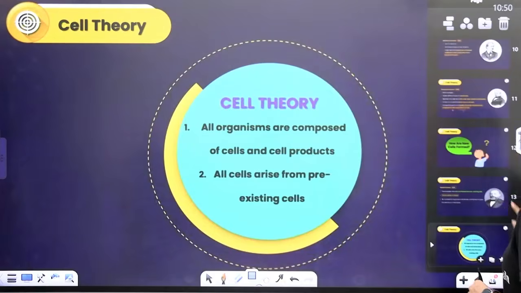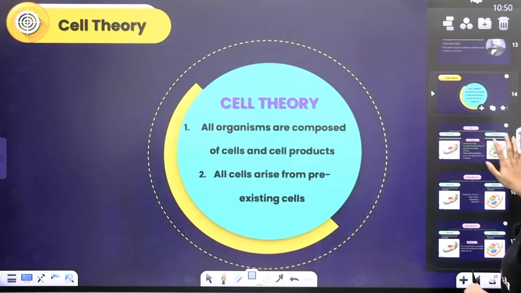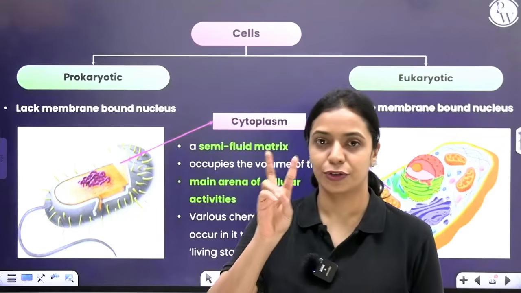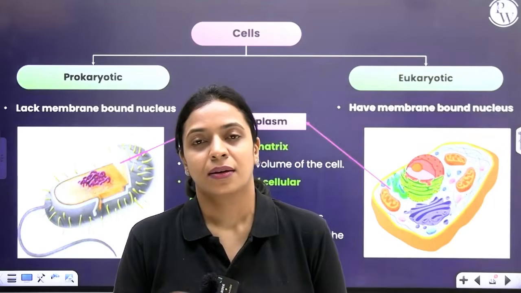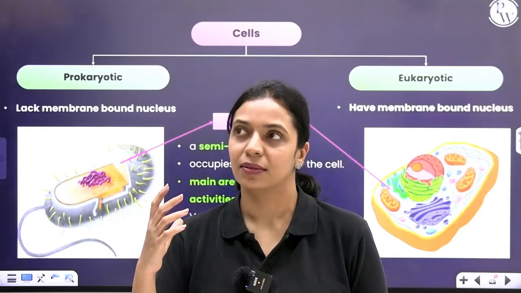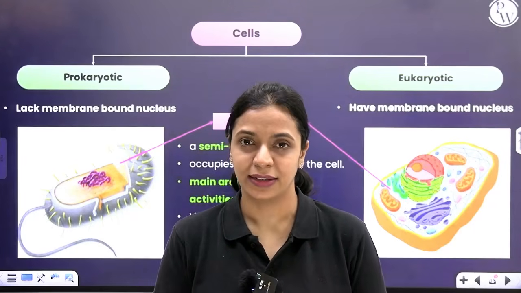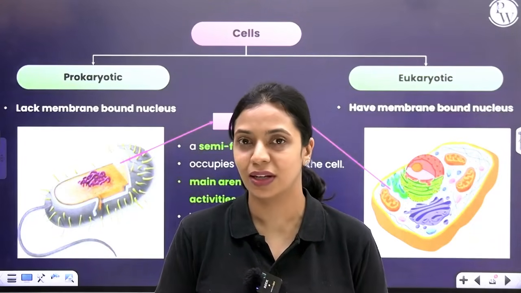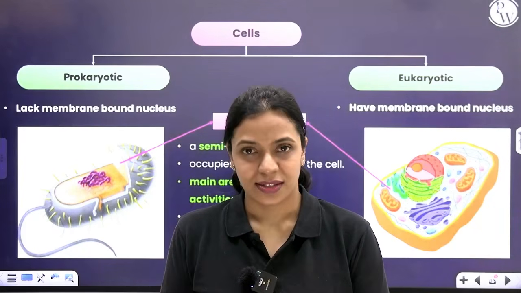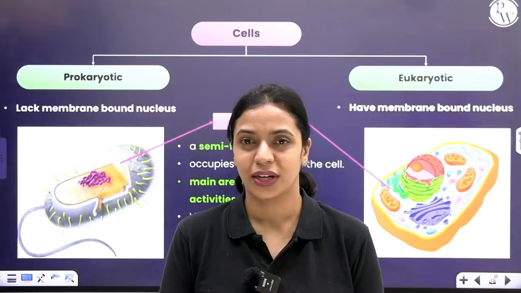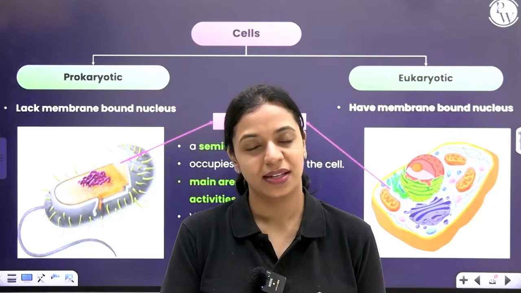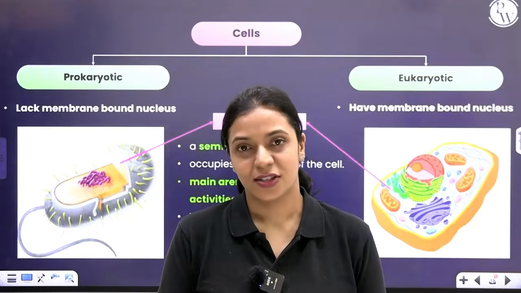Now, let's understand different types of cells. Cells are of two basic types based on whether the DNA or the genetic material is bound by a nuclear membrane or not. Of course, you know that in all living organisms, bacteria, eukaryotes, in every one of us, DNA is the genetic material.